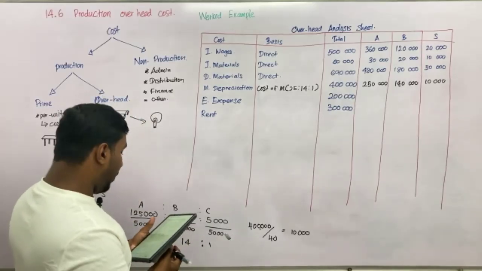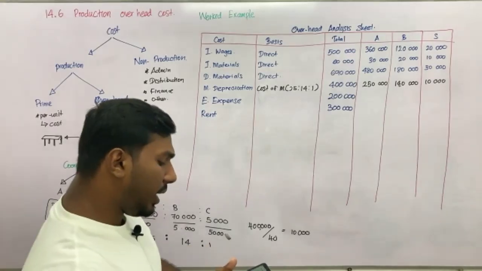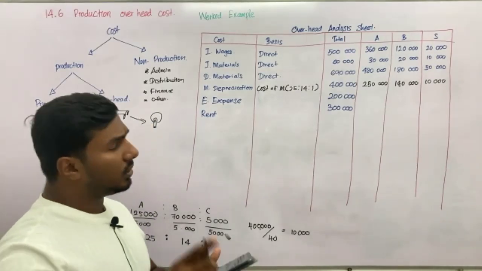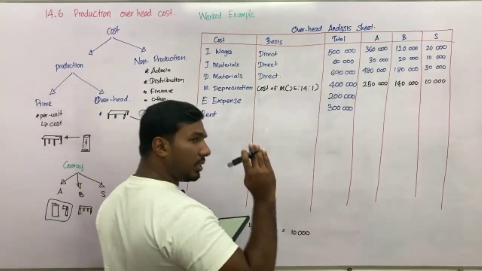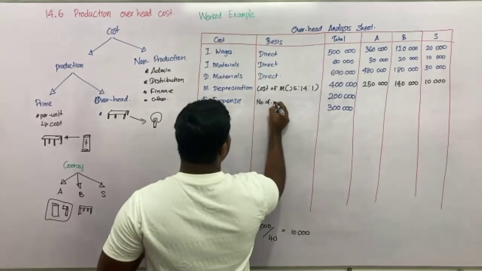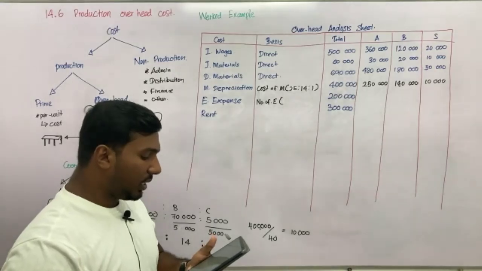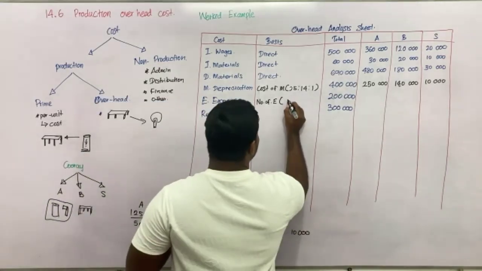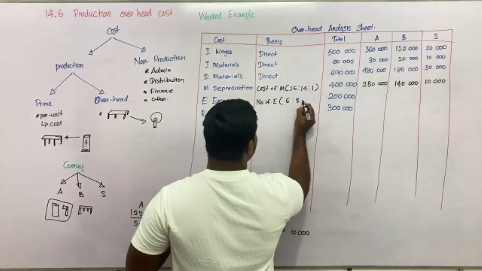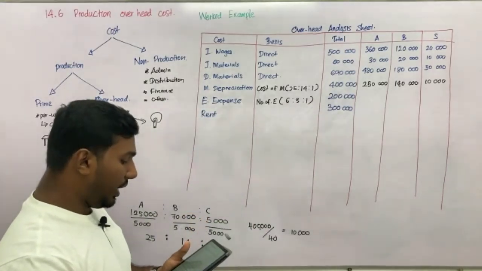Next, employee expenses. What will be the correct appropriation basis? The logical appropriation basis is the number of employees. The number of employees will be 60, 30, 10. So you can summarize it as 6 to 3 to 1.